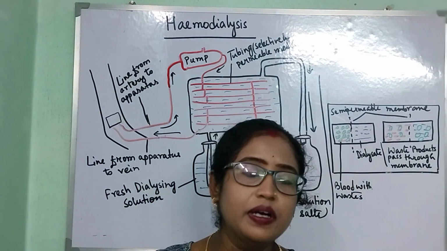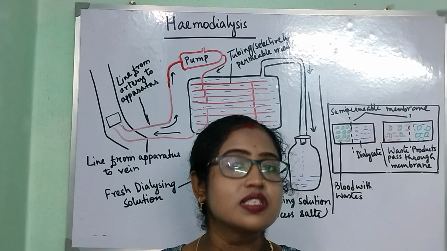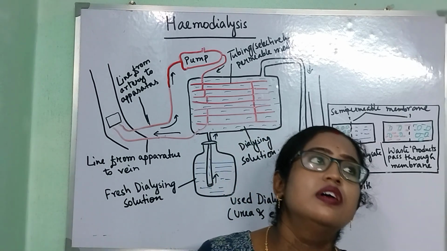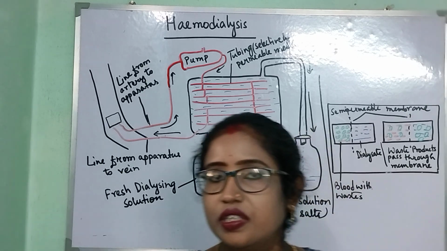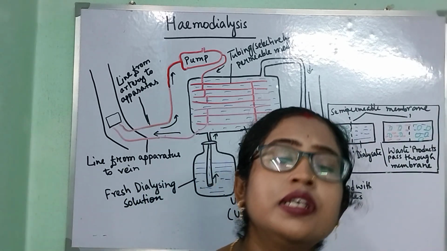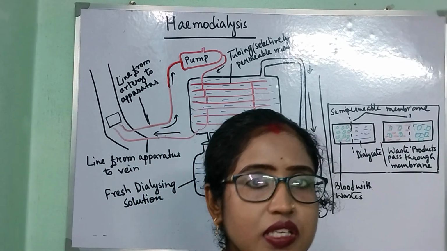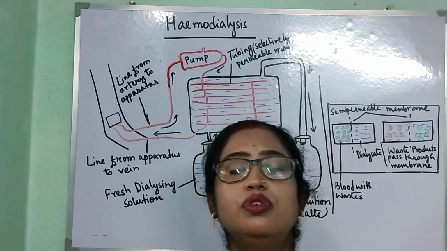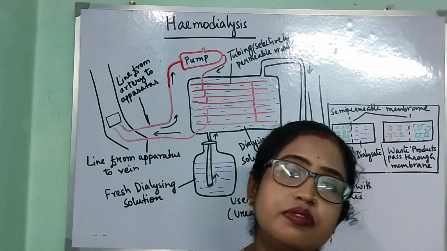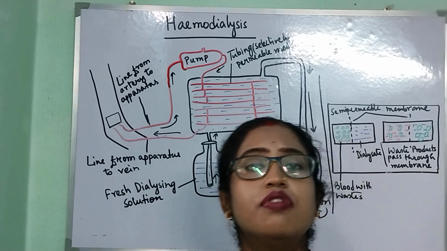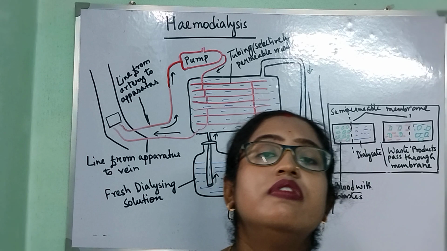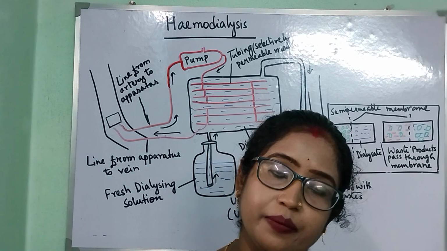If one kidney is damaged or has some issues, the other kidney is able to perform the function of forming urine and expelling the waste material from our body, since we have two kidneys.